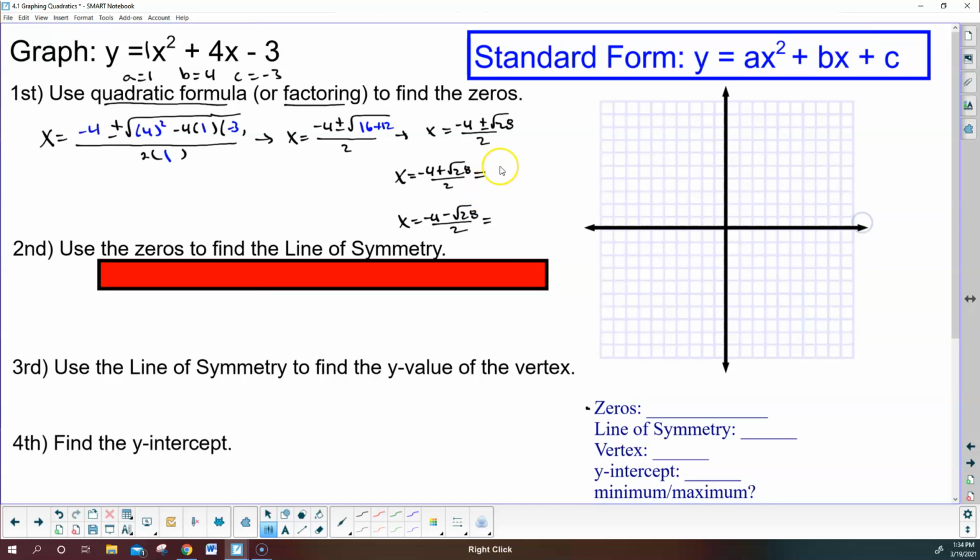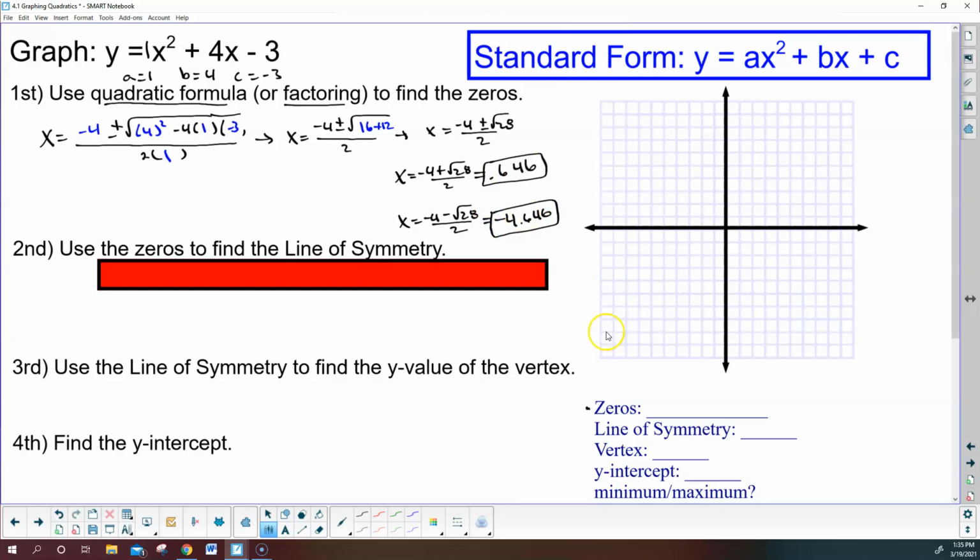I get 0.646 if I round that to 3 decimal spots. And then on the bottom, -4 minus the square root of 28, divided by 2, I get -4.646.